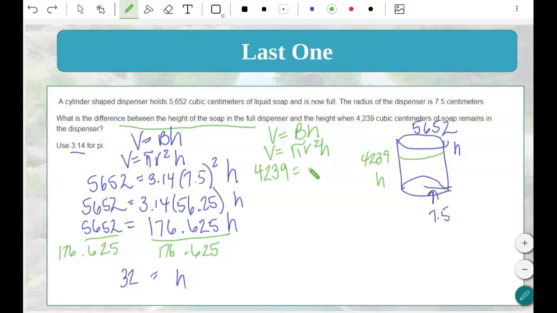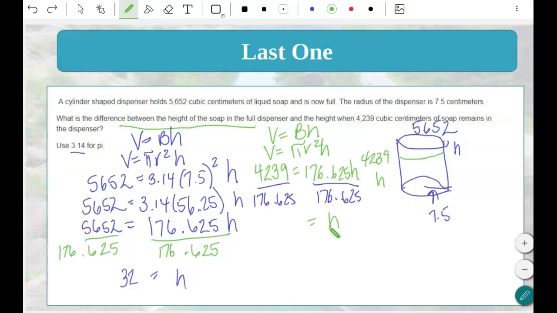And it's 176.625 h. And we're going to divide by 176.625 on both sides. And that's going to give us the height when it is not full.